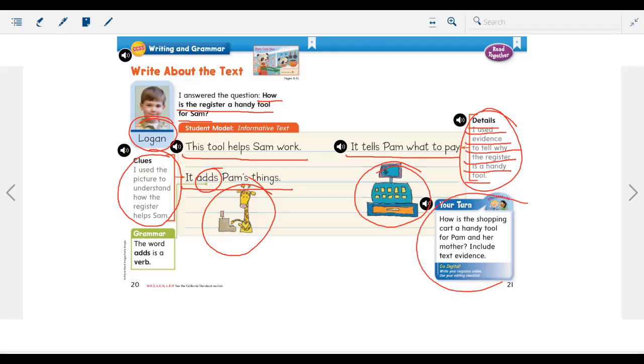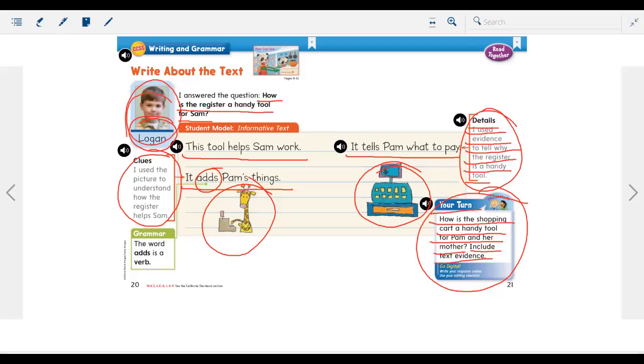So let's look here. It says your turn. How is the shopping cart a handy tool for Pam and her mother? It says include text evidence. So you can do what Logan did here, and you can go back to the story and figure out how the shopping cart is a handy tool for Pam and her mother.